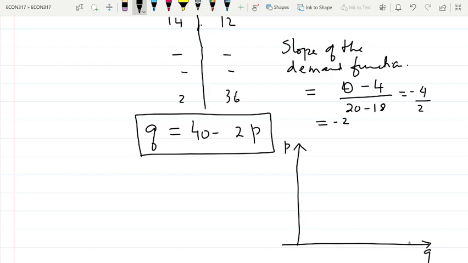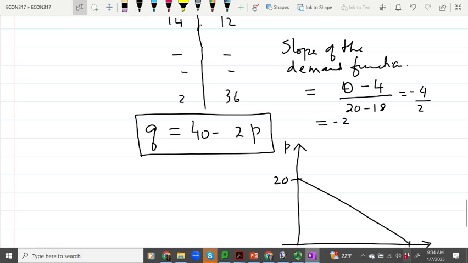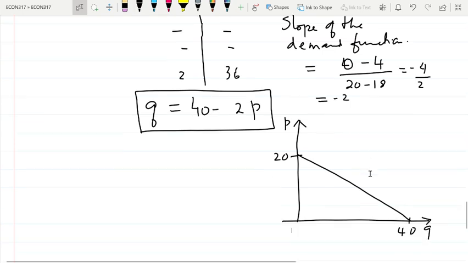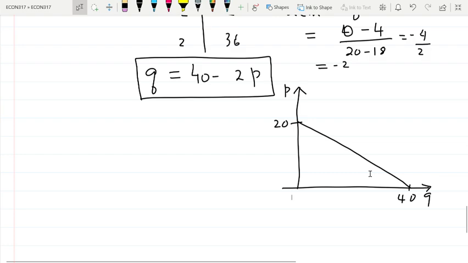The horizontal intercept is 40, and we also see from the table the vertical intercept is 20. So the relationship between price and quantity, which is the inverse demand function, is 20 minus... Q equal to 40 minus 2P. So this is the demand.